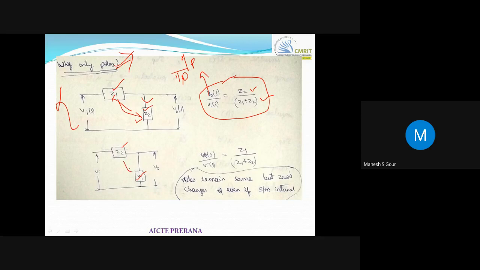When I interchange the parameters of Z1 and Z2, again you will be getting the transfer function as Z1 divided by Z1 plus Z2. Here you can see that the poles remain the same in both the conditions. So here we will conclude that poles will decide the stability of the system. So that's why we'll choose the poles for checking the stability.